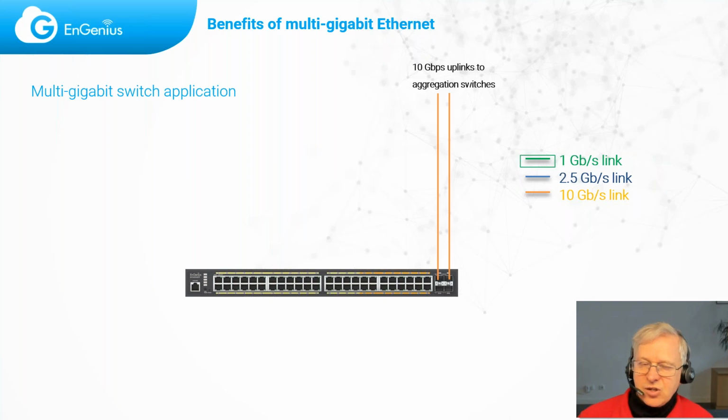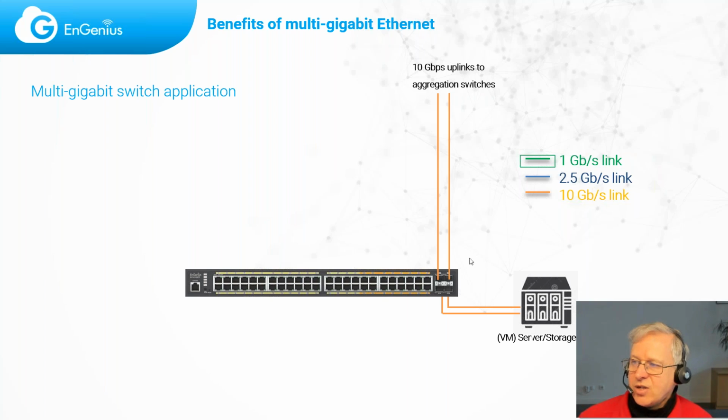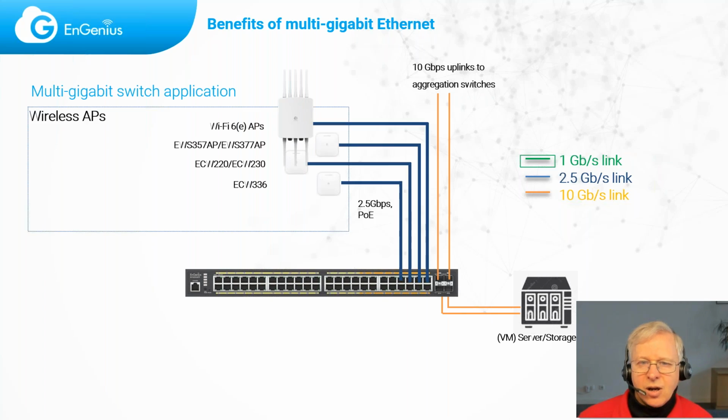So in the application for these switches, you can use your SFPs to go up to your aggregation switches, connect your servers also through SFPs, connect your APs like the ECW270 and the other ones that need 2.5 gigabit directly, but also the ones that just need 1 gigabit to the 1 gigabit ports.